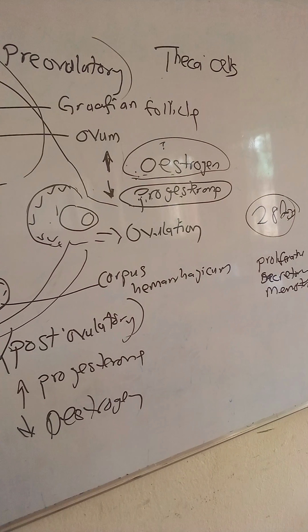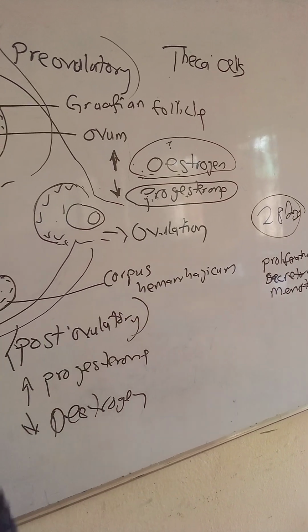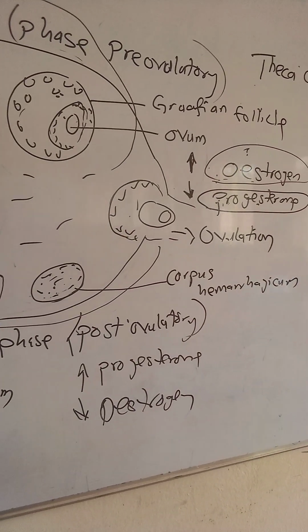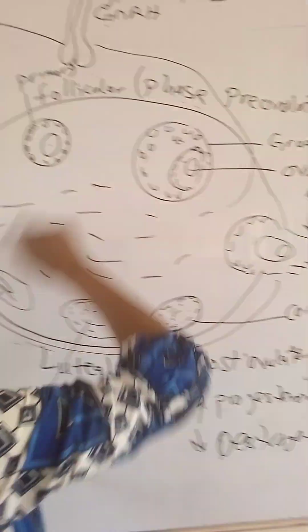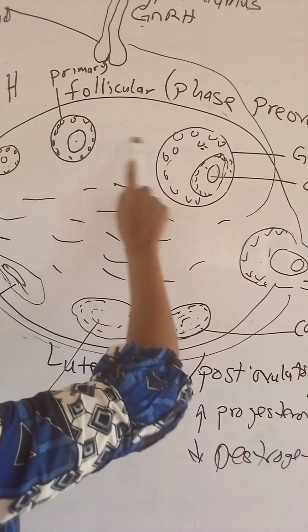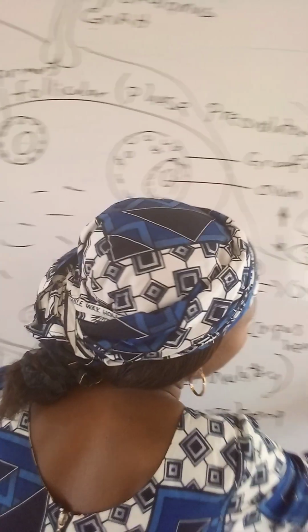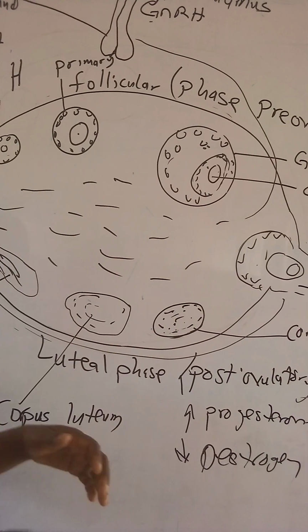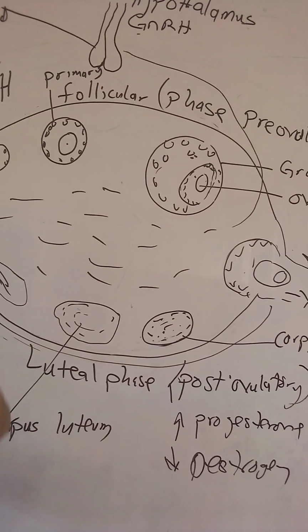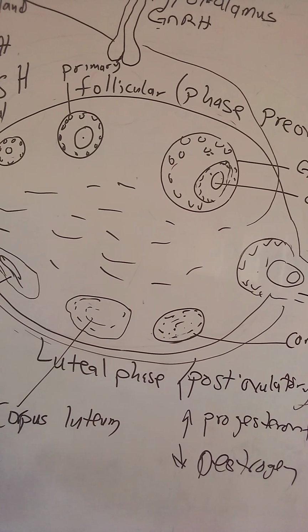The proliferative phase of the menstrual cycle is just similar to the follicular phase because it takes place at the same time when the follicles are forming. So this word proliferative means multiplication. The follicles multiply, they form, they grow, and then they develop.